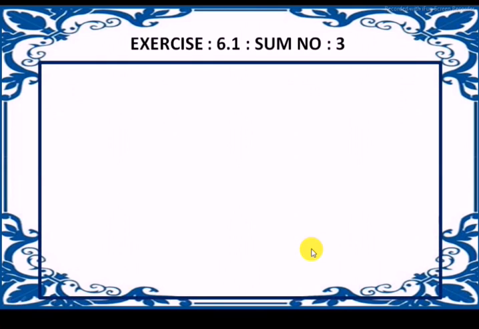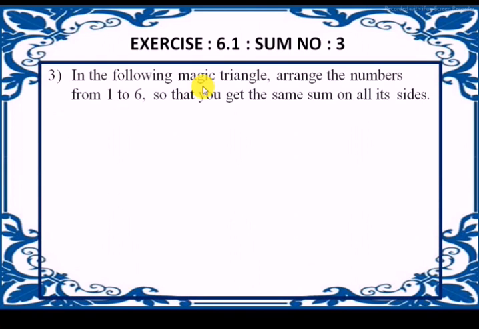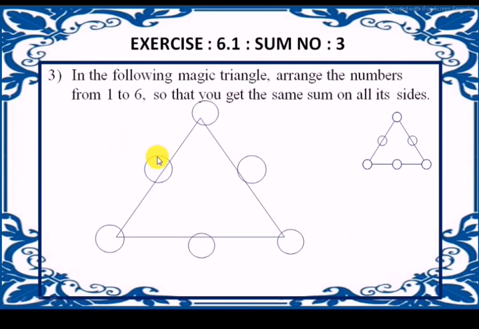Sum number 3 is, in the following magic triangle, arrange the numbers from 1 to 6 so that you get the same sum on all its sides. So you have the triangle. Let's draw the triangle and place the numbers 1, 2 and 3 in the middle of the sides.